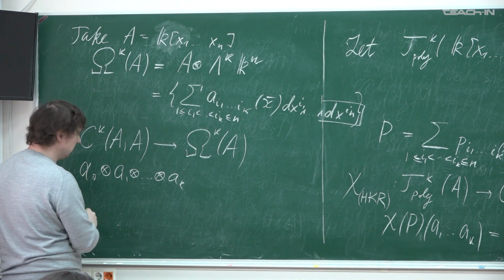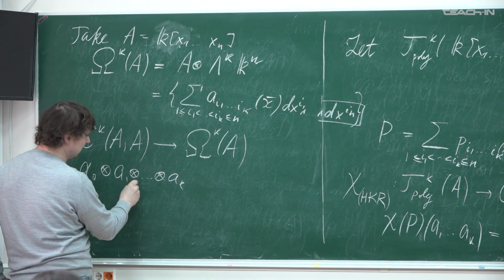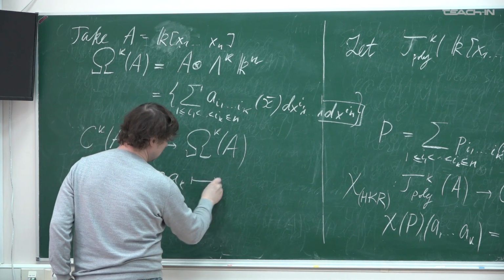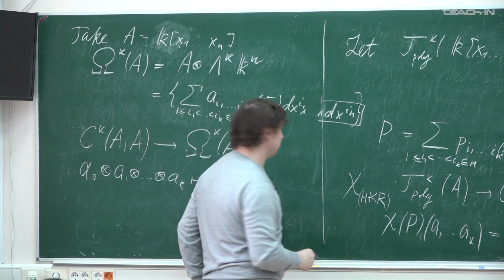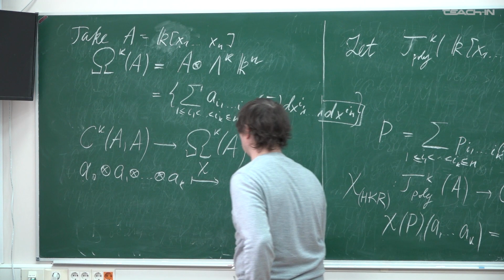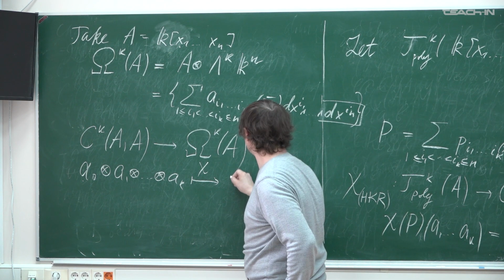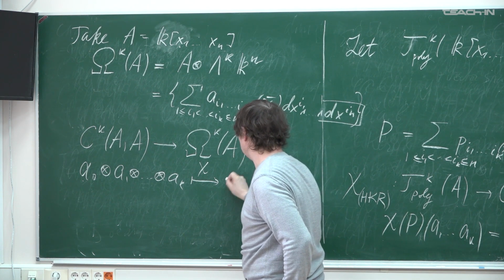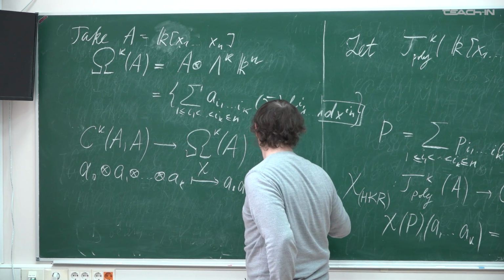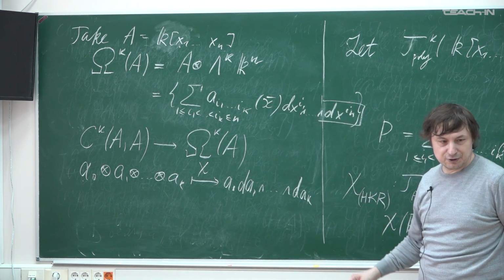This a0 plays the role of the element in the bimodule. And this a1 through ak, they play the role of elements in A. And hence I have some separate meaning for these elements, and this justifies the following map, which is also called the Hochschild-Kostant-Rosenberg map. It sends this element to the following element in Omega^k, namely to a0 da1 ... dak, where d is taken in the usual sense, which you are familiar with.